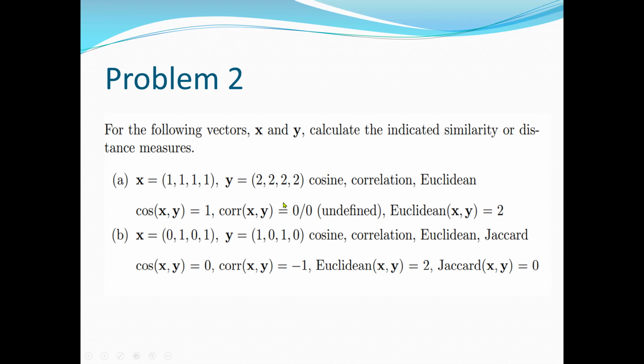And Euclidean will give us 2. For the second pair, 0, 1, 1, 0 and 0, 0, 1, 1, the cosine will be 0. The correlation will be -1, because when one increases, the other decreases. The Euclidean distance will be 2, and the Jaccard coefficient will be 0.